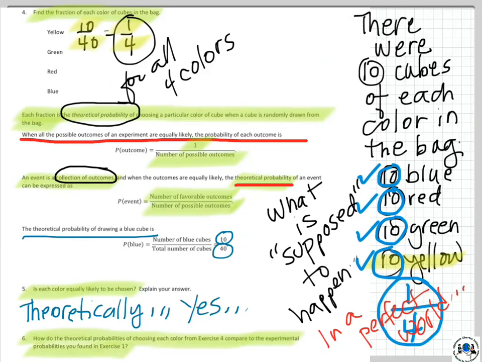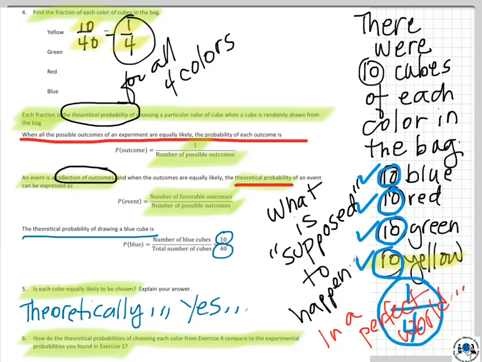Okay. So how do the theoretical probabilities of choosing each color from exercise 4 compare to the experimental probabilities you found in exercise 1? Well, the blues were perfect. I picked 20 times, and blues came up 1/4 of the time. That's right. Blues were perfect both times. Well, theoretically perfect.